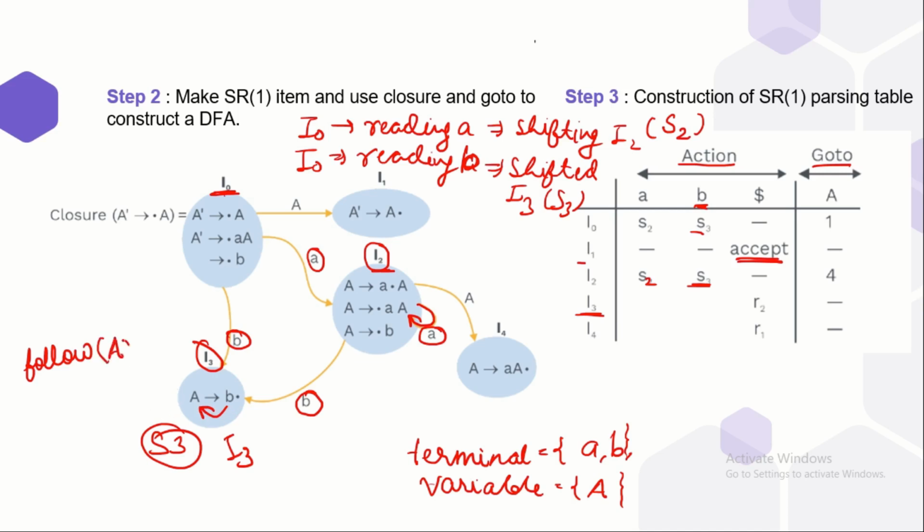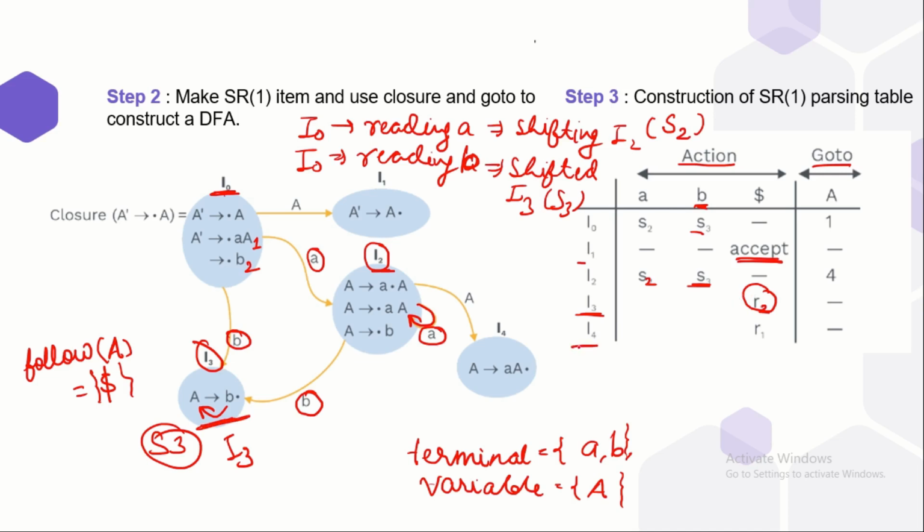So follow of A is $. Since the follow of A is $, this particular production will be written here. Why is R2 written here? Because this was our first production, this is our second production. This second production is being reduced. That's why R2 is written here.